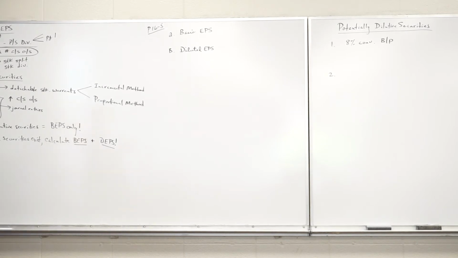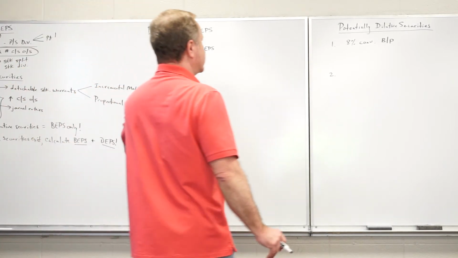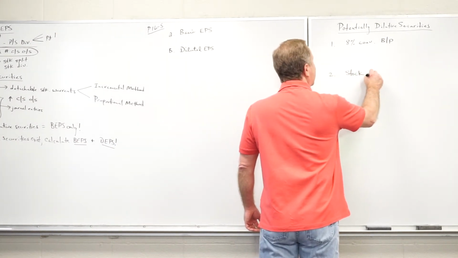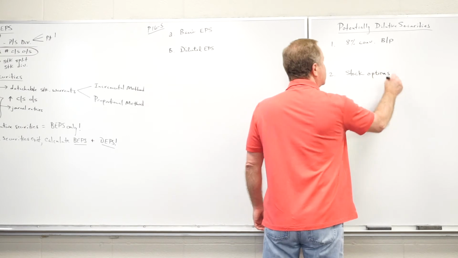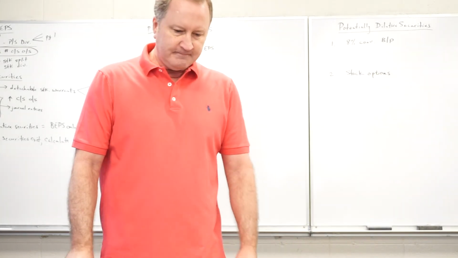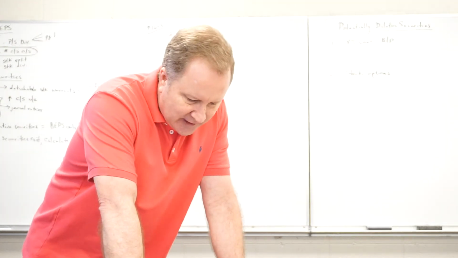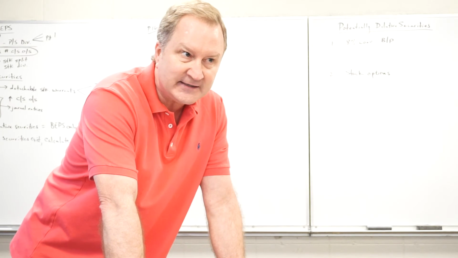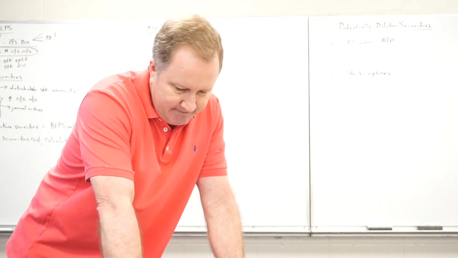So these options were issued on the first day. And remember, stock options always have the potential to be dilutive. These were granted on July 1 of 16 to purchase 200,000 shares at $15 per share.